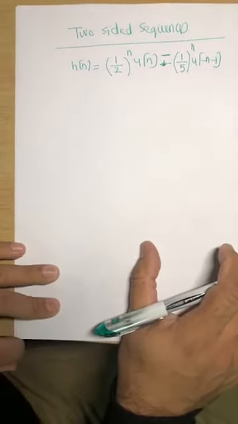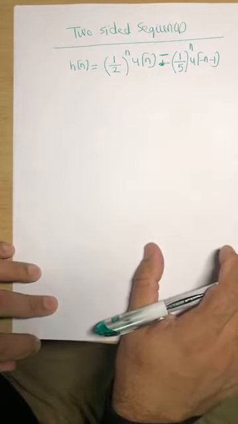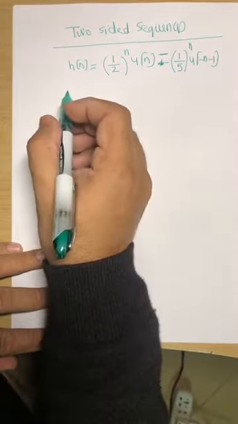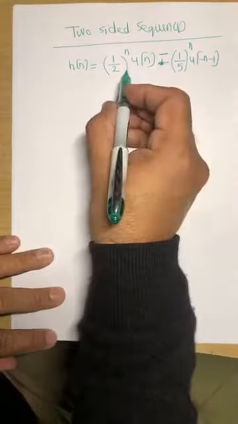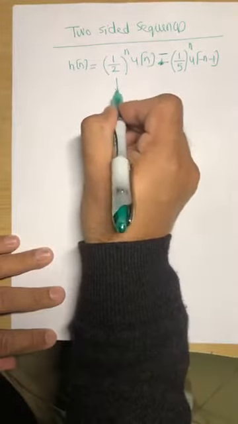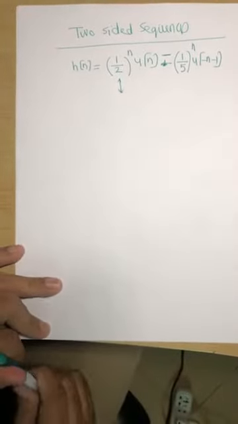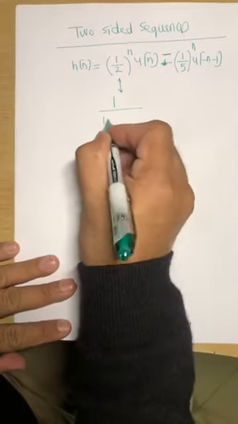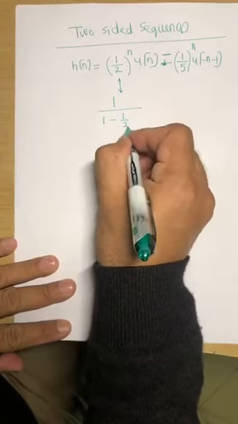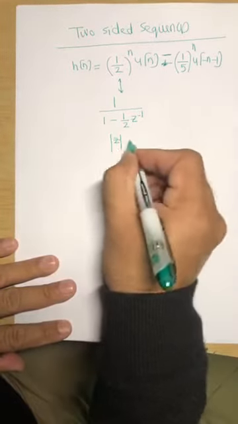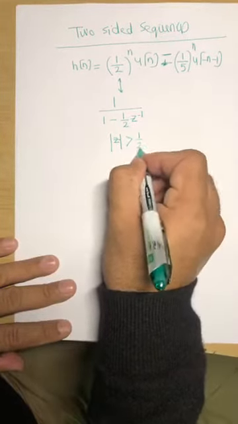So we know that it is a two-sided sequence. Okay. So the region of convergence and the Z transform we know for half to the n u of n, this Z transform is 1 over 1 minus 1 over 2 Z inverse, where Z magnitude is greater than half.